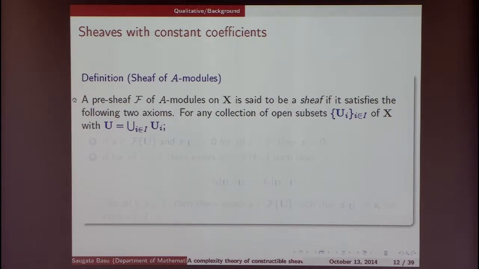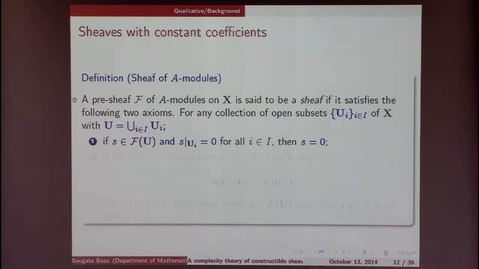And given a pre-sheaf, there is a more or less canonical way to make it into a sheaf. So sometimes we will get pre-sheaves that will sheafify into sheaves, but a pre-sheaf is a sheaf if it satisfies these two additional properties. That is, for every open U and an open covering U_i of U, if you have two sections that restrict to the same sections on each U_i, then these two sections over U better be equal.